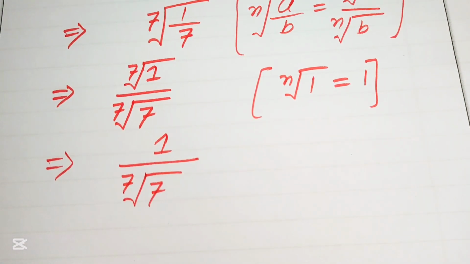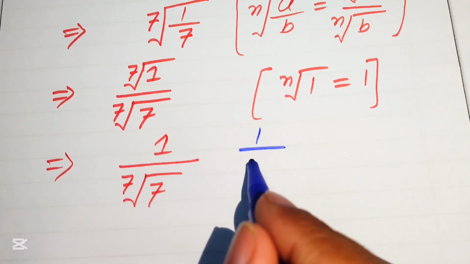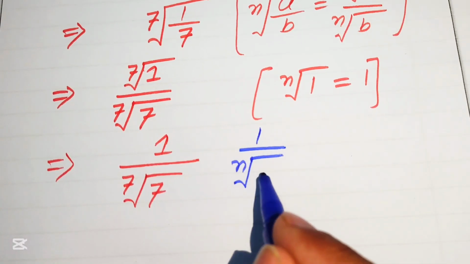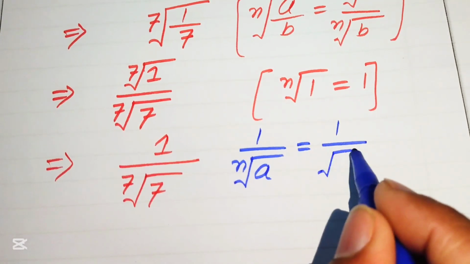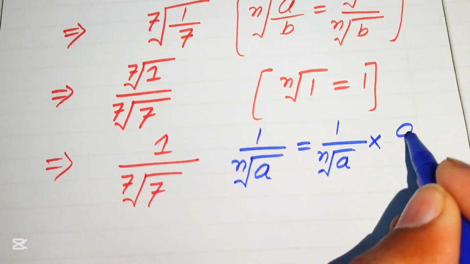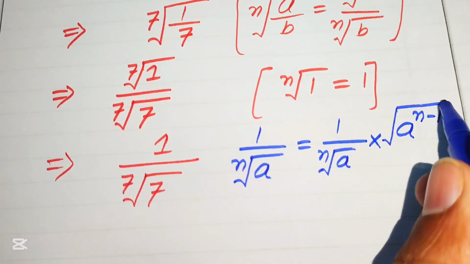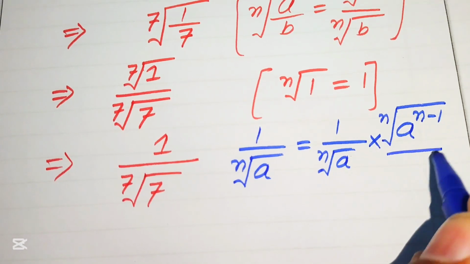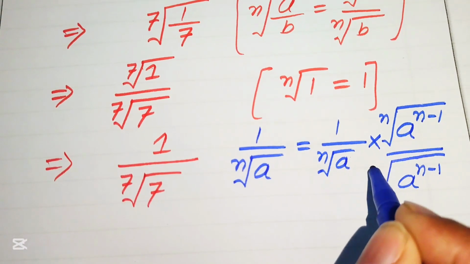After that here we need another radical law. Here we write any radical term in this way. If you have 1 over nth root of a, we write it as 1 over nth root of a, multiplied by the nth root of a to the power of n minus 1, divided by the nth root of a to the power of n minus 1.